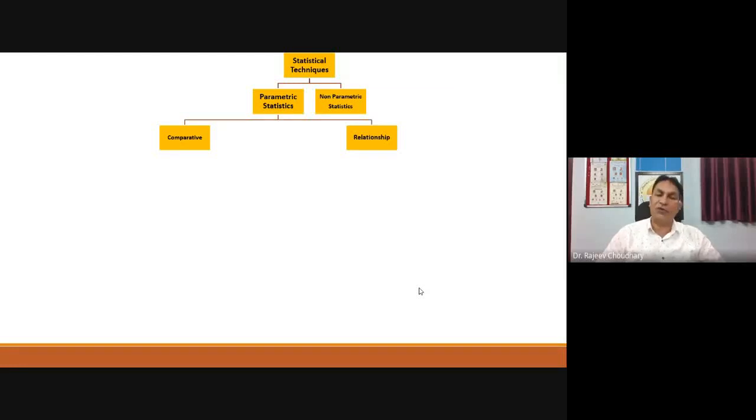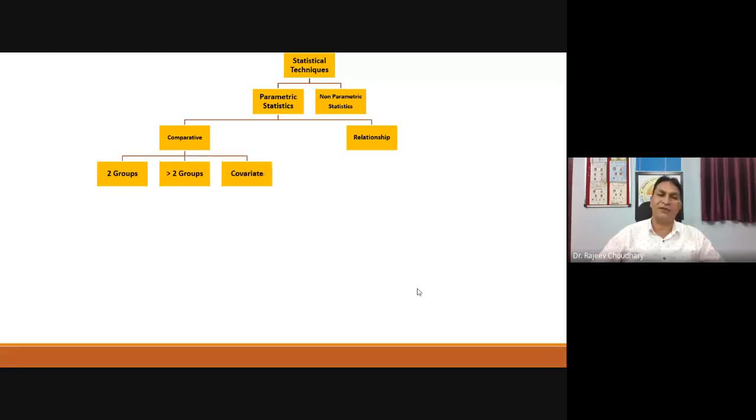In comparative techniques, we discussed the smallest type of comparison, the comparison between two groups. Today we will discuss a technique used to compare more than two groups.